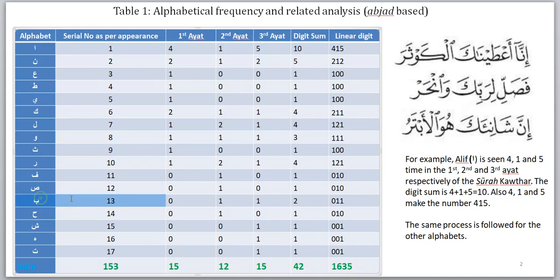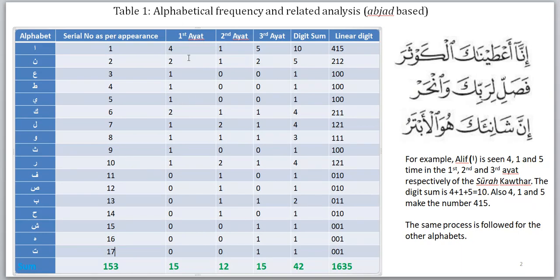Rather, ba will come here. In Fasalli li Rabbika, ra will also not be in the 13th place, because ra is already in 10th place, repeated from the first ayat. So in this way, the 17 harfs or alphabets are placed, and the second column is generated.